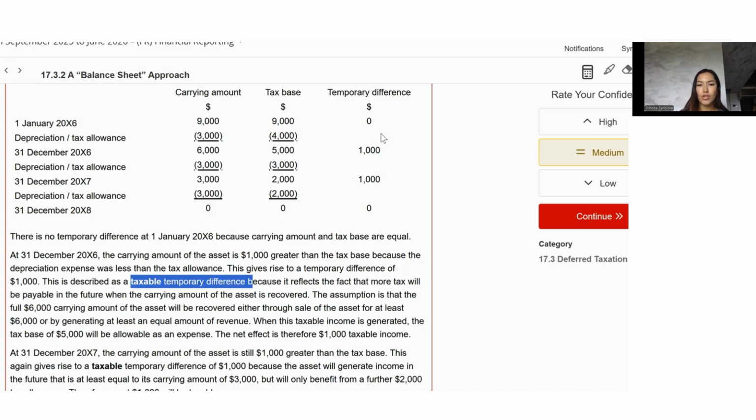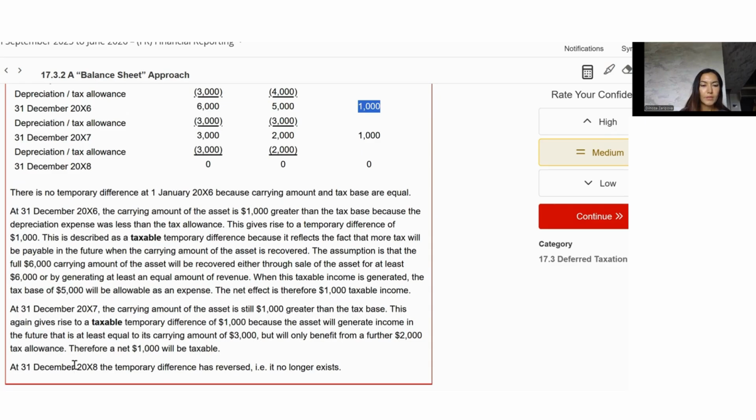Taxable means you charge additional tax on this one, right? And deductible means that you are deducting, not charging additional to your tax. So in December 2008, the temporary difference has reversed, so it no longer exists, right?